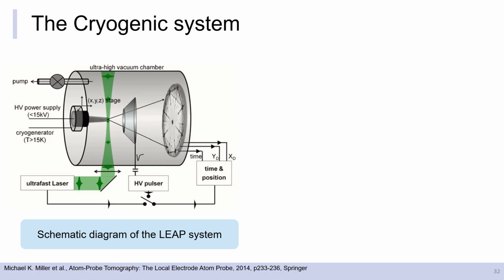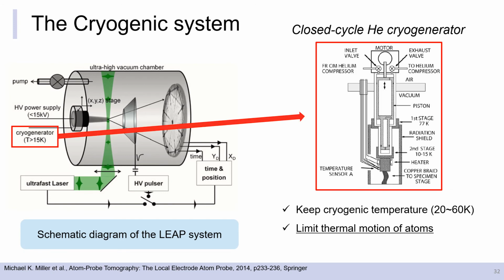The last part in APT instrumentation is the cryogenic system. For APT, the sample needs to be held at a cryogenic temperature to limit the thermal motion of atoms and preferential evaporation. Because the thermal vibration of atoms influences the accuracy of analysis results, it is required that the cryogenic system keeps the temperature of the sample very low.